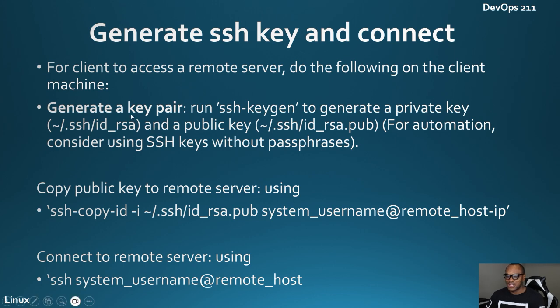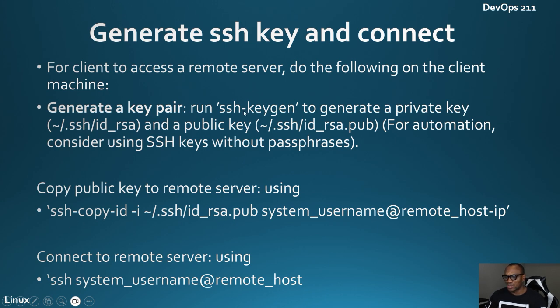First thing, you generate your SSH key by running ssh-keygen to generate the public and private key. This is the private key, this is the public key. You see the public key will come with .pub like this, and you have to copy the public key into the remote machine using SSH.